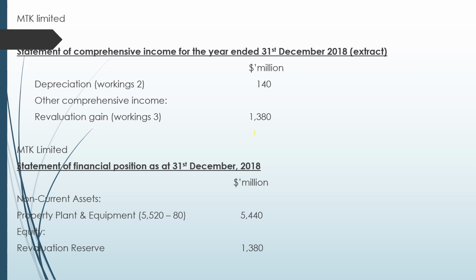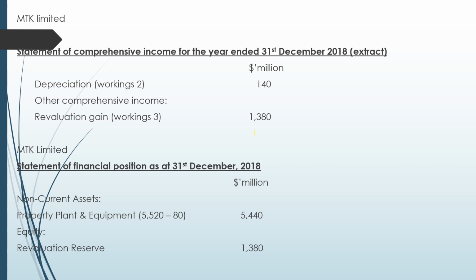So the cost model gave us 60 and the revaluation model gave us 80. When we summed them up, we had 140. Other comprehensive income, we just saw that the revaluation gain on the asset at the period of revaluation was 1,380. So that was how we got these figures.